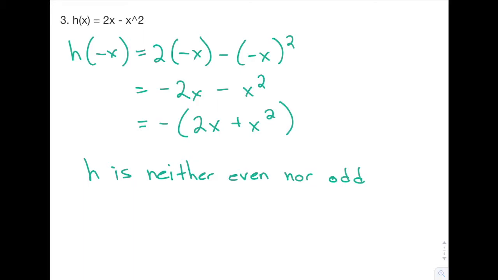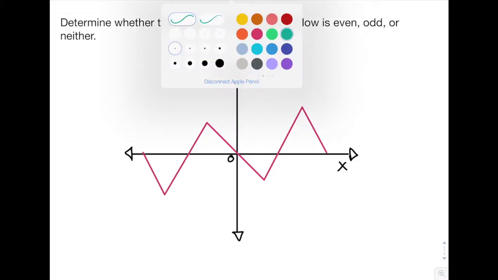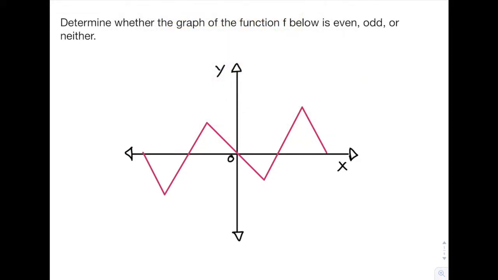For our last example, we'll take a look at finding out if a function is even or odd by inspection of its graph. Determine whether the graph of the function below is even, odd, or neither. So remember that an even function has symmetry about the y-axis and odd functions have symmetry about the origin.